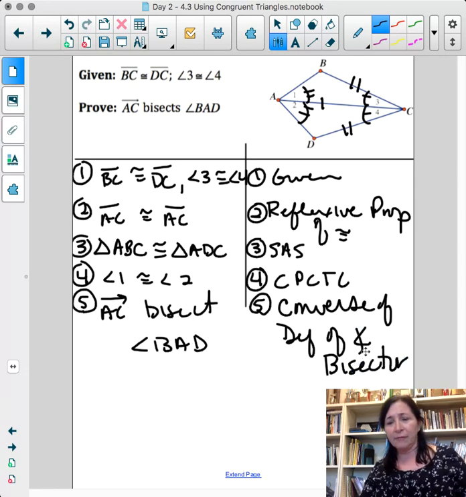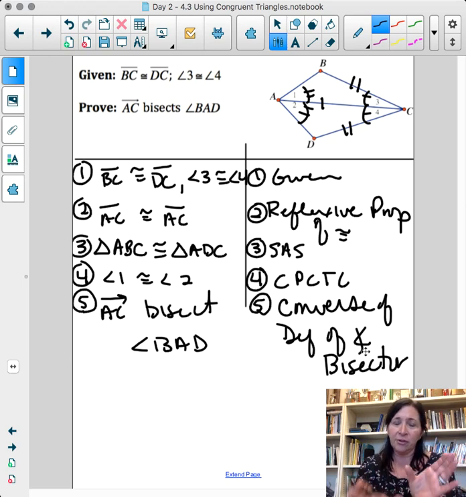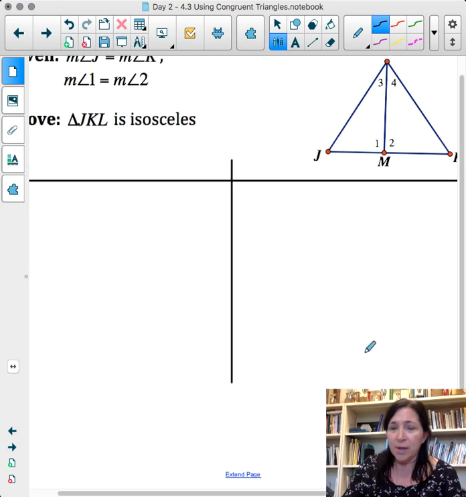Because remember, the definition of an angle bisector says if a ray bisects the angle, it cuts it into two equal parts. So the converse would say, if my angle is cut into two equal parts or two congruent parts, then that line in between, which is a ray, must bisect it. And that's the converse.